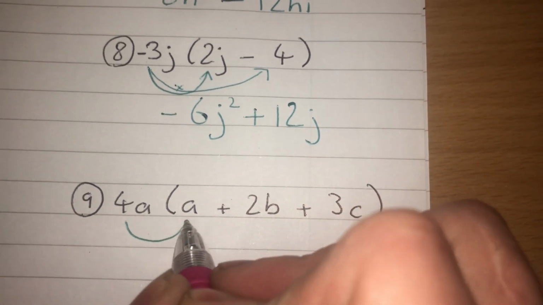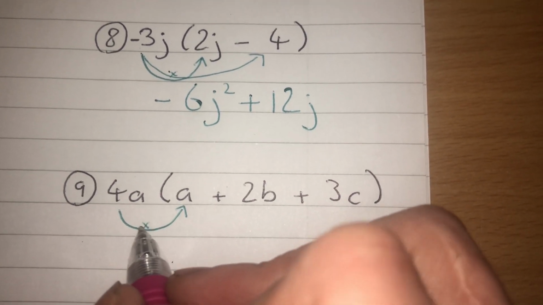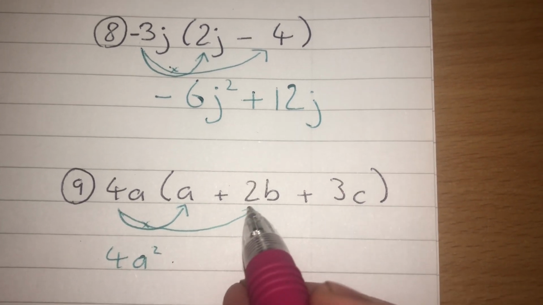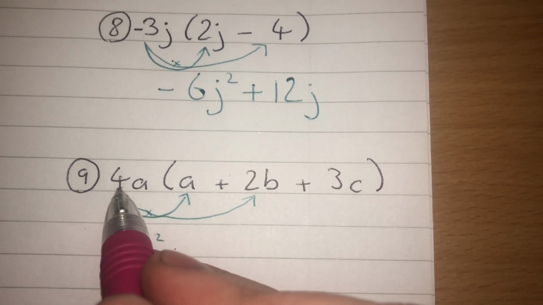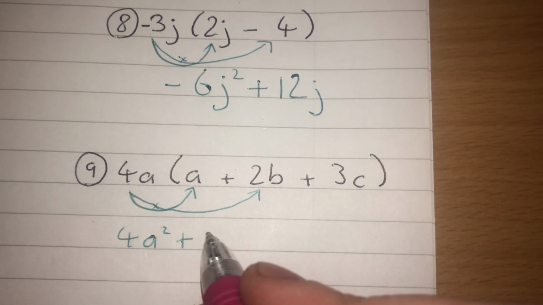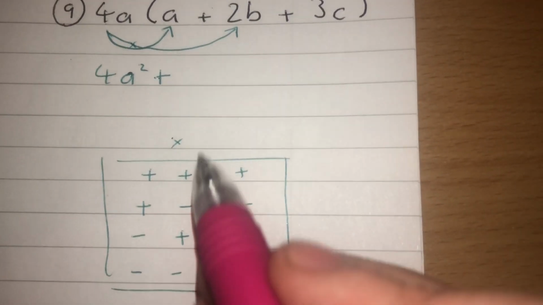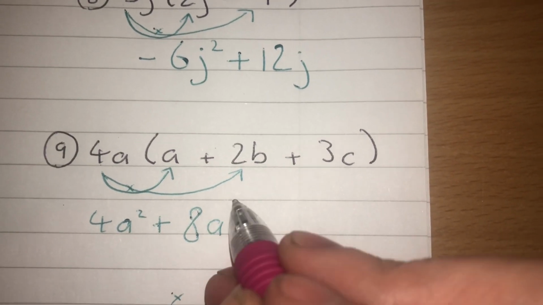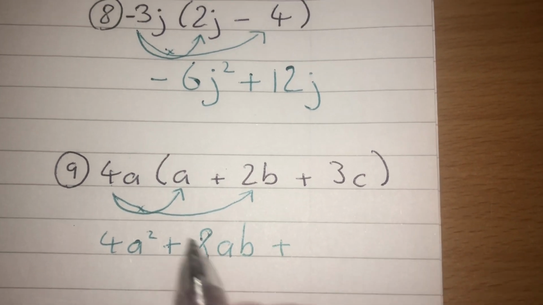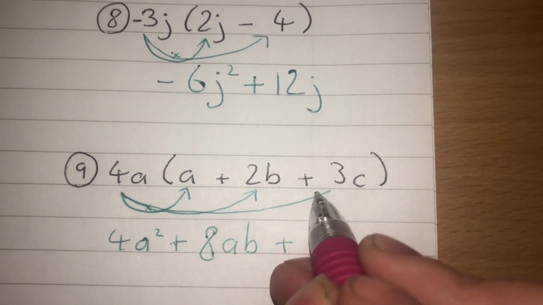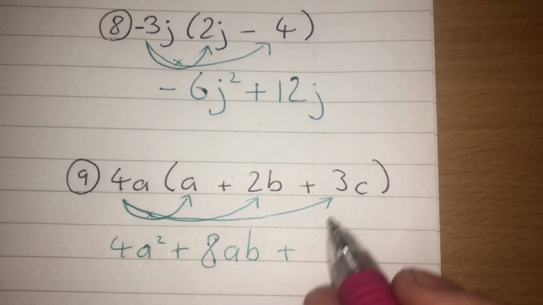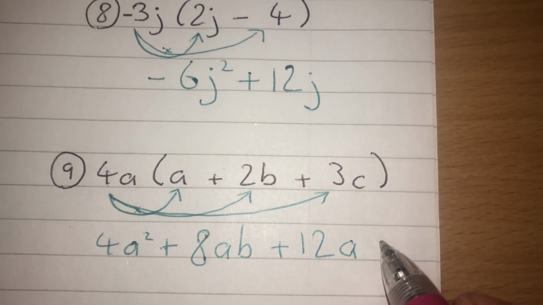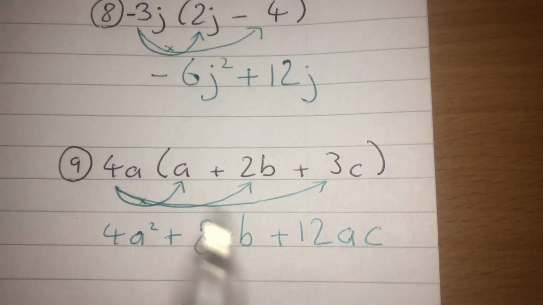So 4a times a is 4a squared. 4a times 2b, so multiplying the numbers first. 4 times 2, I made these all positive, but again where there's positives and negatives, just use our rules here. 4 times 2 is 8ab, not forgetting our letters, plus, and we'll go for the last term, so we're doing 4a times 3c. 4 times 3 is 12ac. Okay, and that's our last example covered.